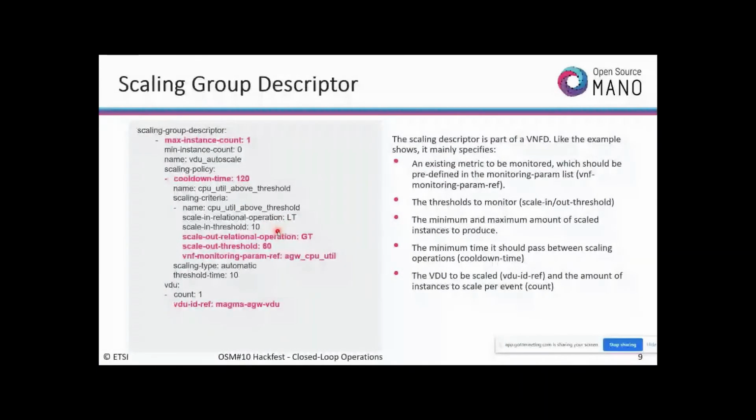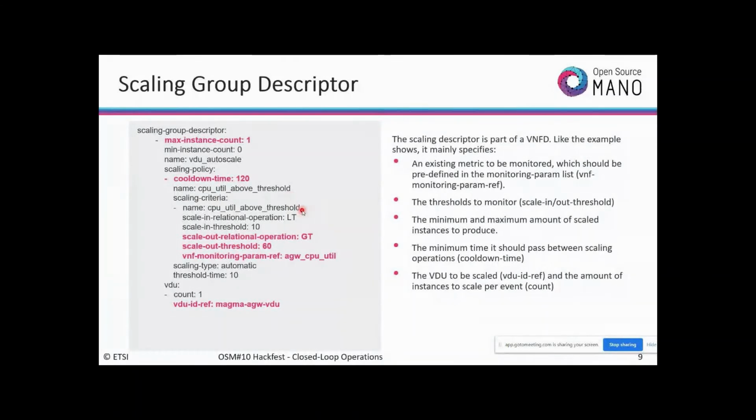For example, the scaling policy name is CPU utilization, and I set up the threshold here, that is when it's greater than 60 for this VNF monitoring param, then I am able to scale it out.